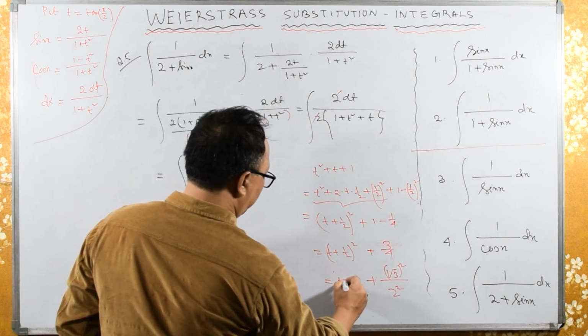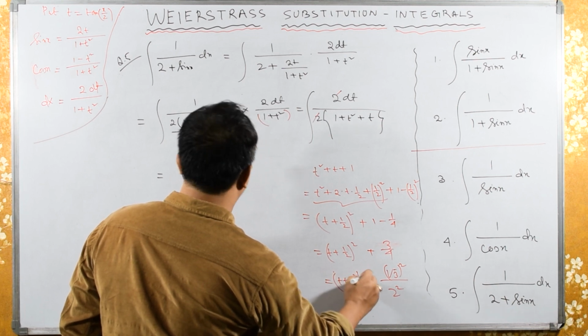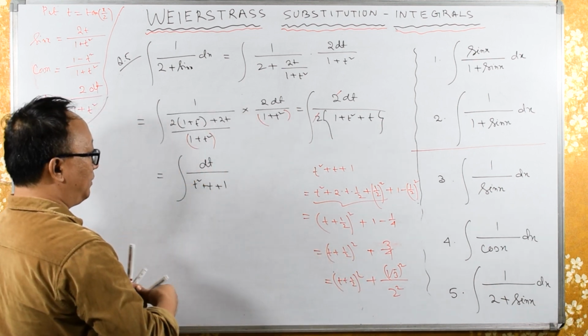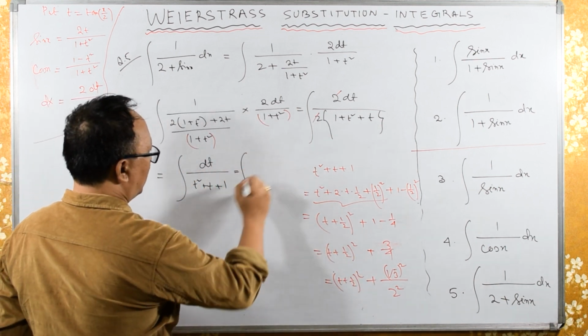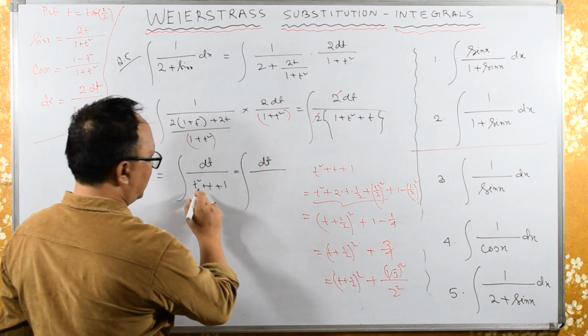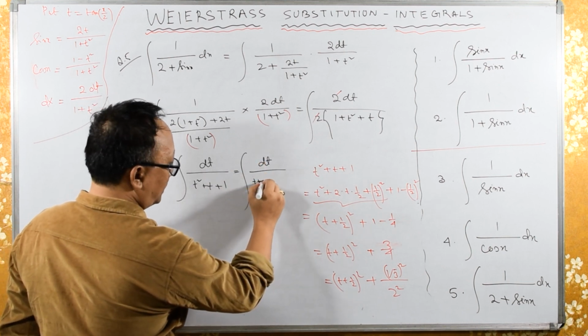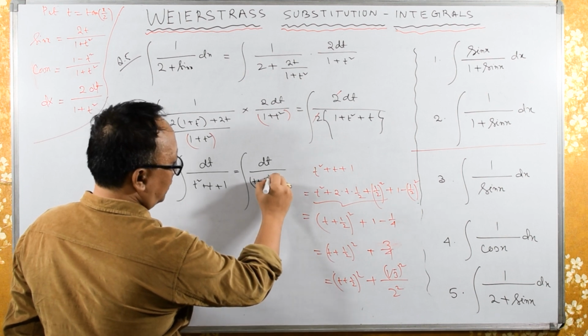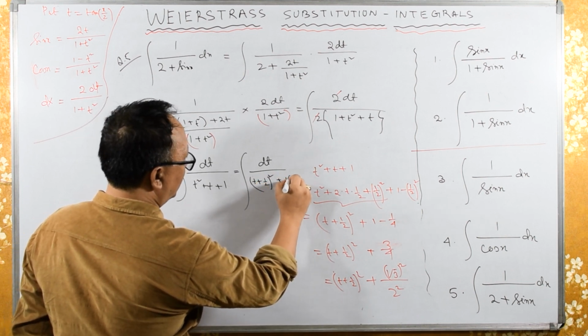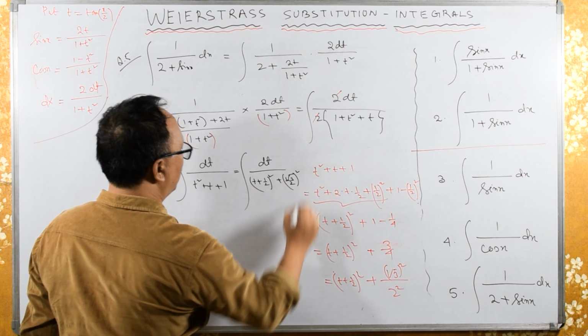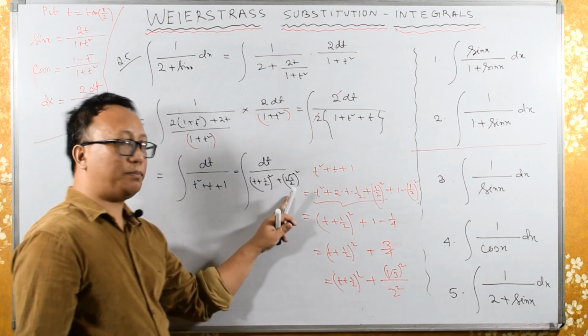So we have t plus half the whole square, and instead of this what I can write is t plus 1 by 2 the whole square plus root 3 by 2 the whole square. It is already of the form x square plus a square.